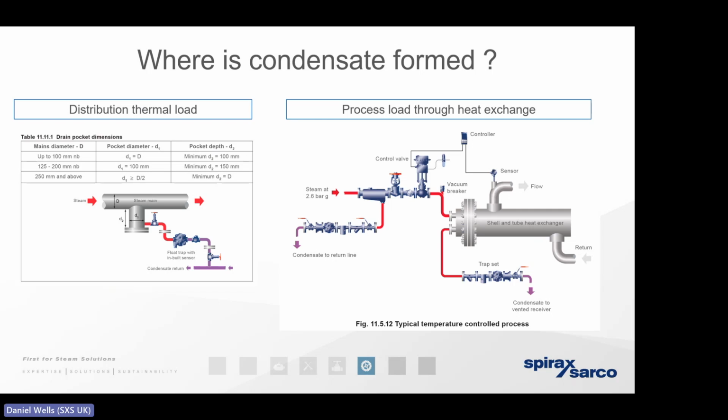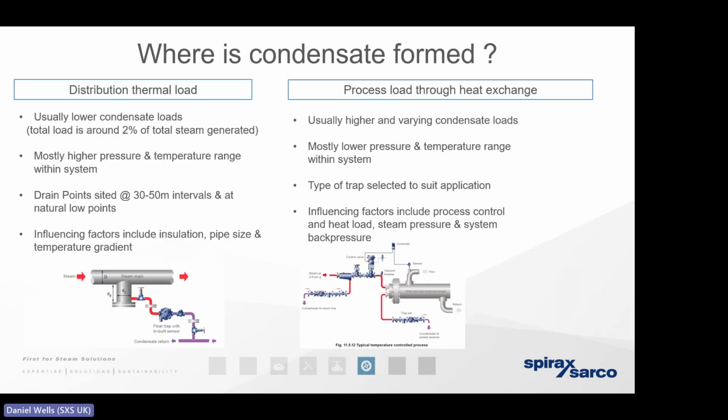So it is, after all, one big radiator. And of course, the rest of the steam is going to condense and give up its heat energy at the process, at the heat exchanger. And that's a good thing, because that's where we want to use the energy with the steam. So we can apply a typical rule of thumb to determine how much condensate we expect to exist in the infrastructure.